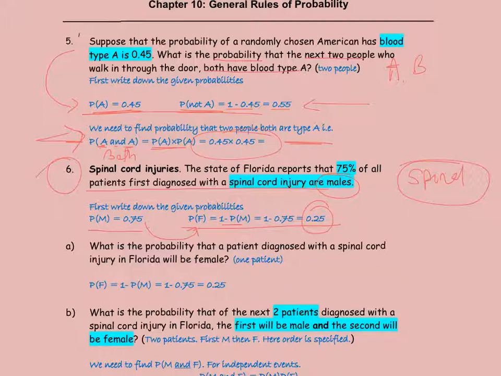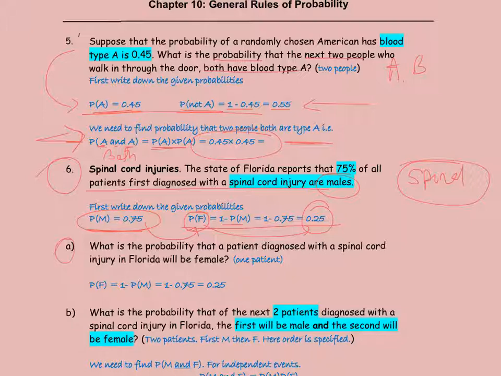So now we have two probabilities. One is the probability that a spinal injury patient is male, 0.75, and the probability that the person with spinal injury is female is 0.25. Now we are going to use these probabilities as necessary based on the event for which we're calculating the probabilities.